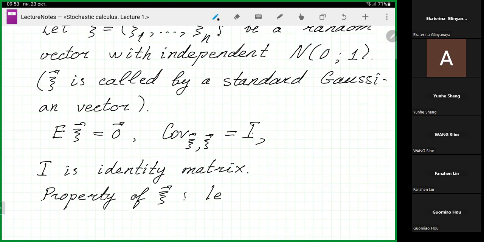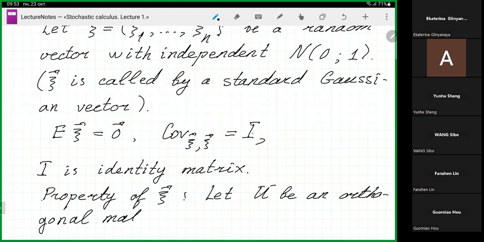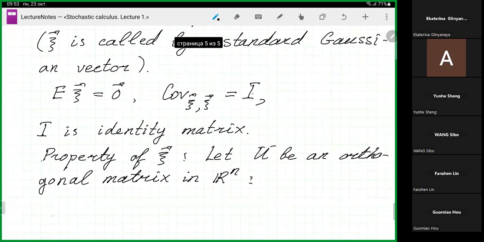Let U capital be an orthogonal matrix in Rn. This means that U conjugated is exactly U minus 1.